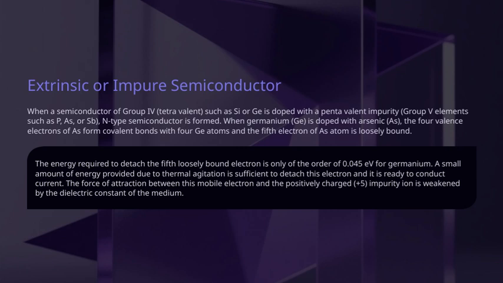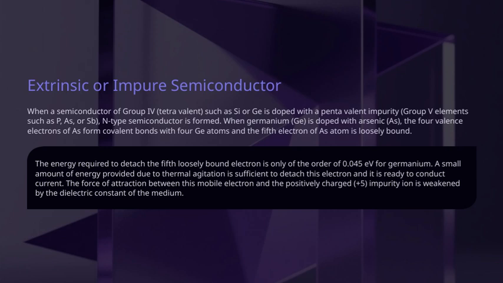Moving on, when we talk about doping a group IV semiconductor like silicon or germanium, both of which are tetravalent, we introduce an impurity from group V, such as phosphorus, arsenic, or antimony. This process creates what's known as an N-type semiconductor. Specifically, if we dope germanium with arsenic, the arsenic atom, which has 5 valence electrons, bonds covalently with 4 germanium atoms using 4 of those electrons.